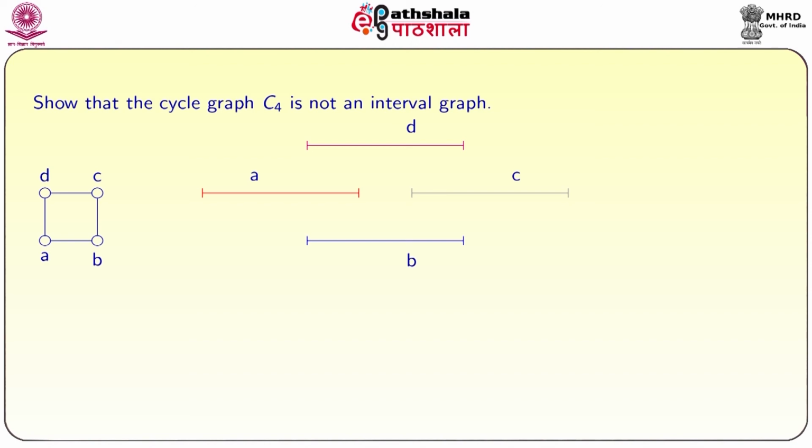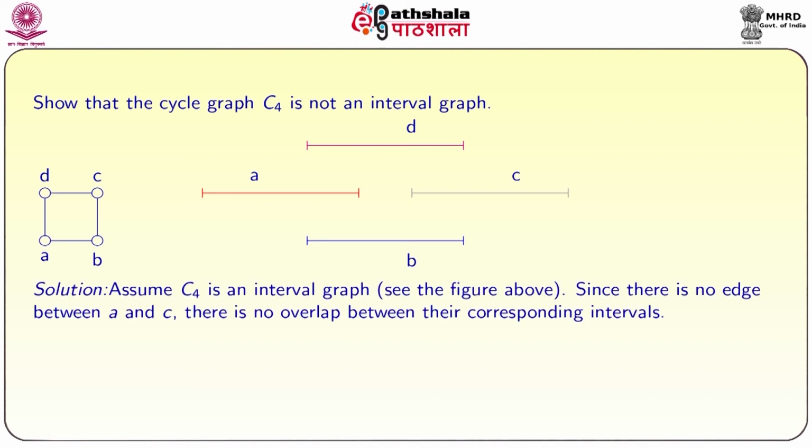It is because interval A and interval B are intersecting, and so that is related to there being an edge between A and B. Between A and C, there is no edge, so we have that one. But D is intersecting with C as well as D is intersecting with A, so because of that D is going to intersect with B. But if you look at the graph, there is no edge between D and B. This is creating a problem. That is the solution now.